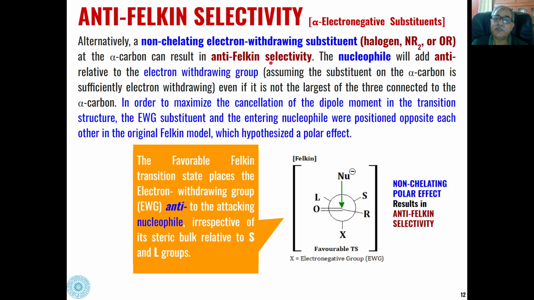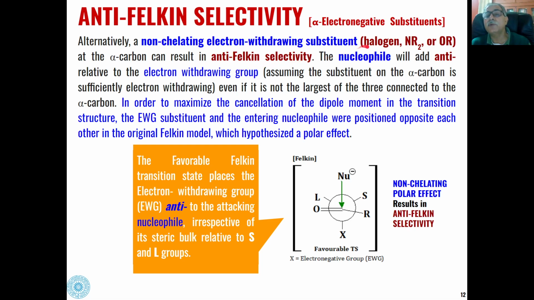Because here the nucleophile will add anti relative to the electron withdrawing group. Why? Because the nucleophile is an electron rich species, and the electron withdrawing group is also electron active, and they will repel each other.